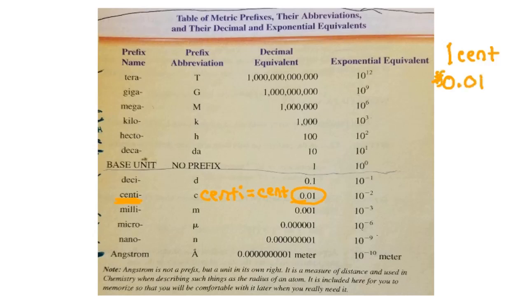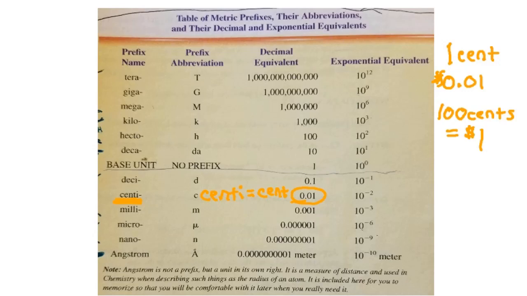Or you could put it another way, 100 cents equals $1. Okay, so 100 centis of something is going to equal 1 of whatever that something is. So 100 cents is going to equal $1. 100 centimeters is going to equal 1 meter. 100 centiliters is going to equal 1 liter.